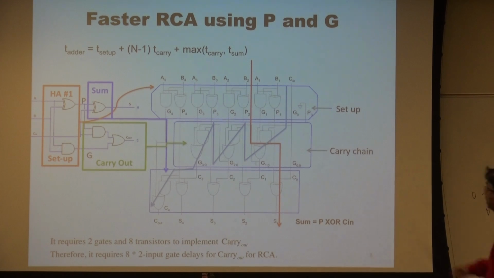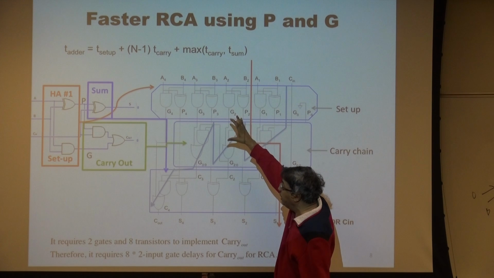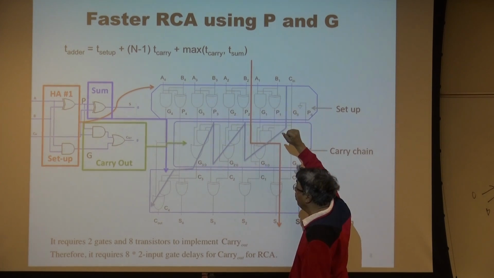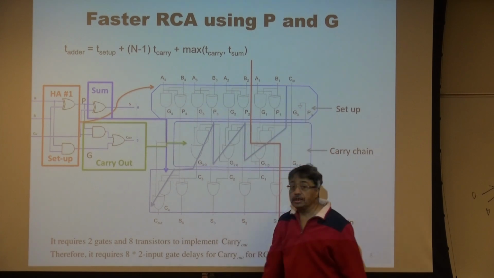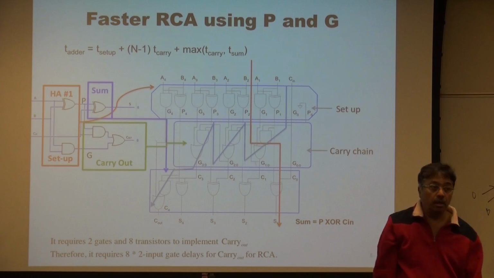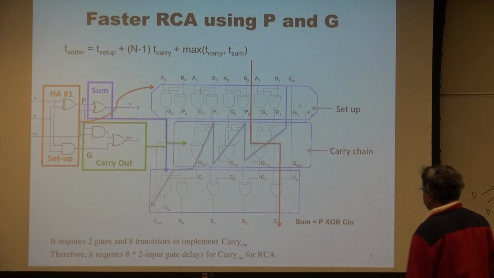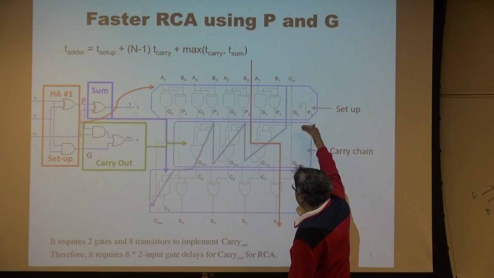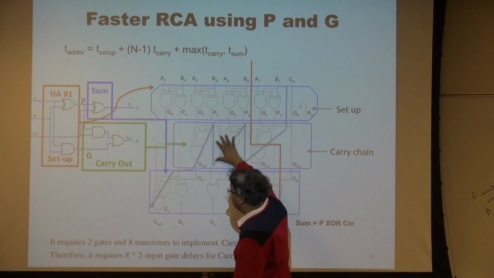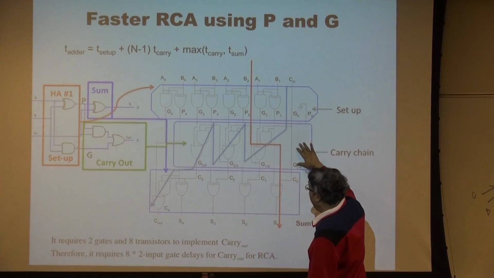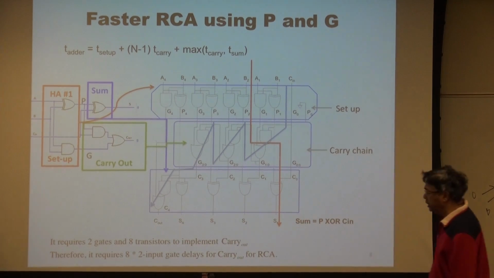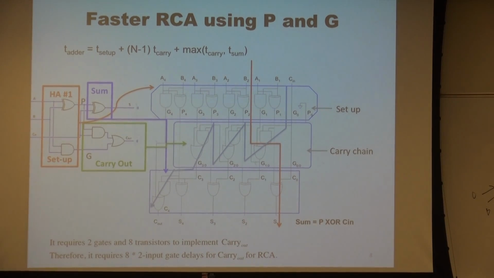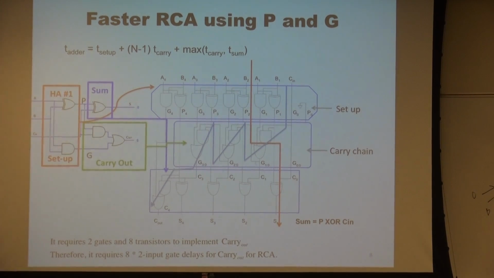I will be using the first half adder to generate all the generate functions and the propagate functions, and then I will use the generate function with the carry in to create the carry chain, and from the output of this we generate some functions, which is much faster. So when we ask you to make a ripple carry adder, you should think of this.